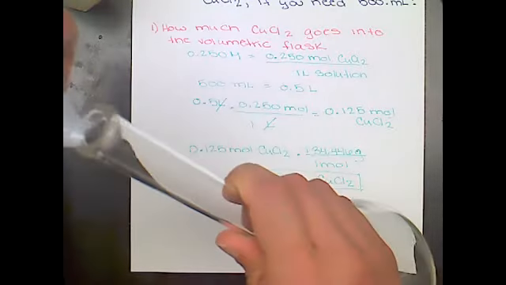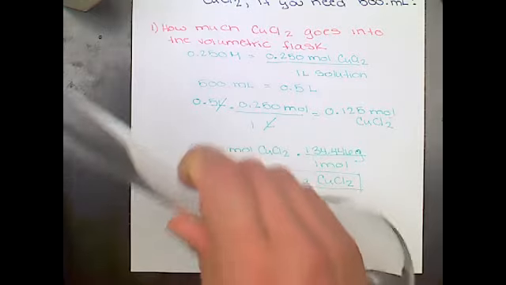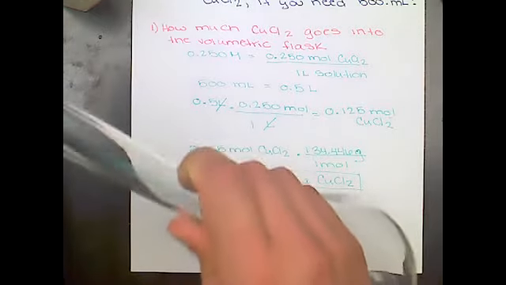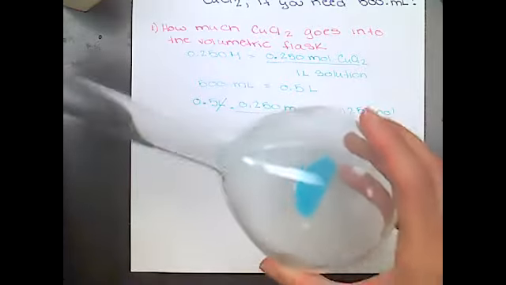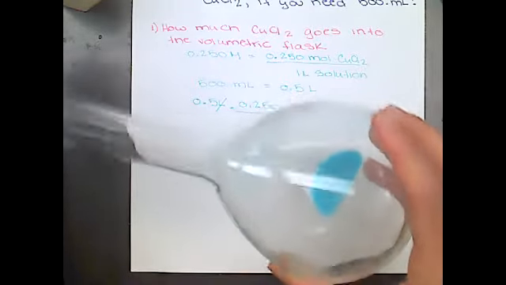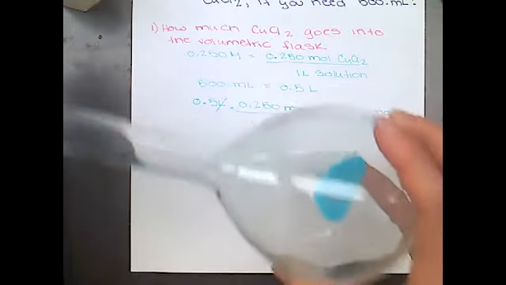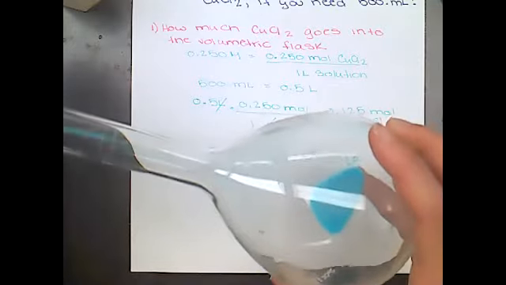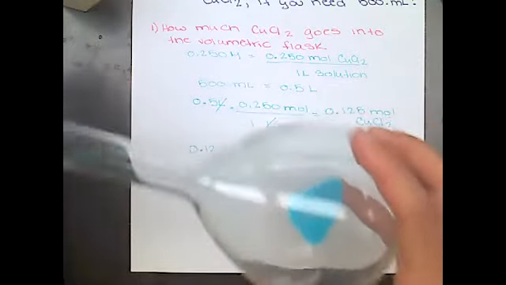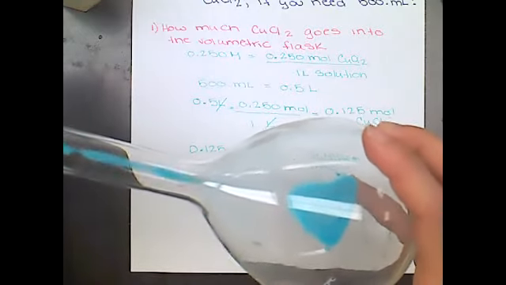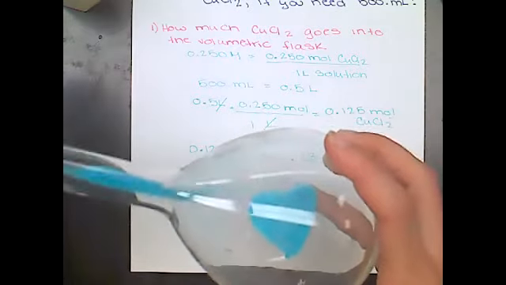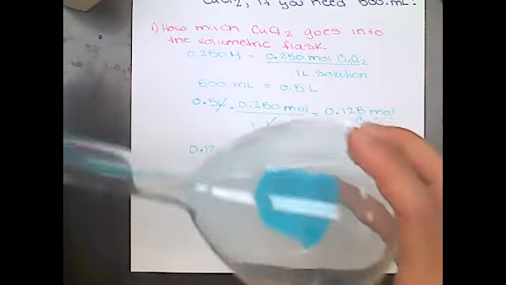So the first thing I'm going to do is create a funnel and slowly put it in. I'm shaking and adding it, making sure that I don't let any fall out of the sides as I add it in. This might take a minute. As I'm getting it all in there, still have a little bit more.